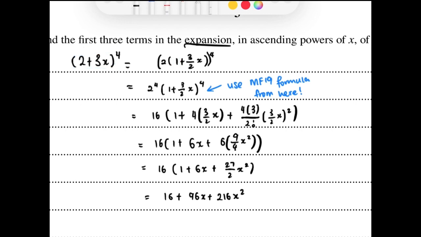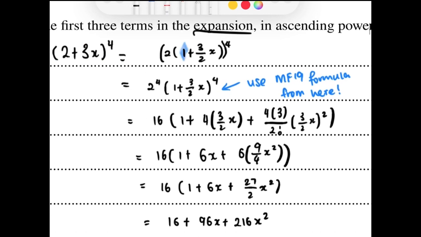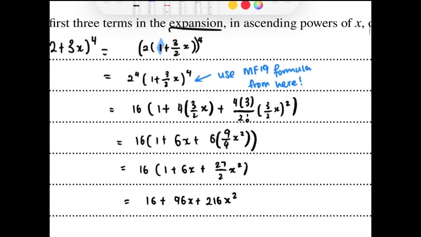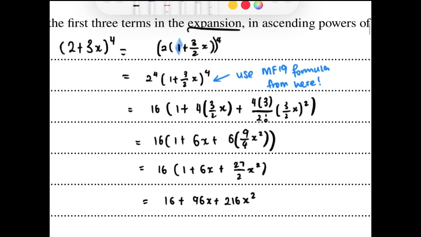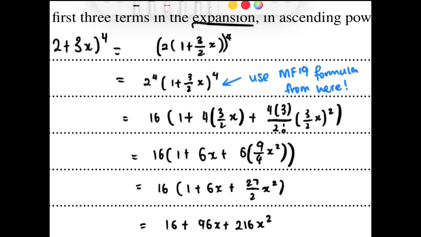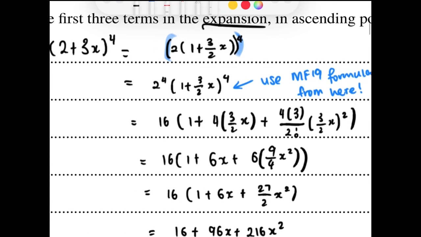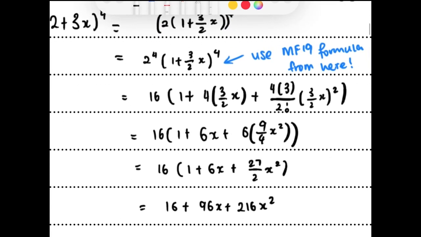I don't want that. I want there to be a 1, because only when you have a 1 can you use the formula that's given in MF19. So what I'm going to do is factorize out the 2. Still, I'm keeping this 4 on the outside. I'm not doing anything with the outside because I'm factorizing only the inside.